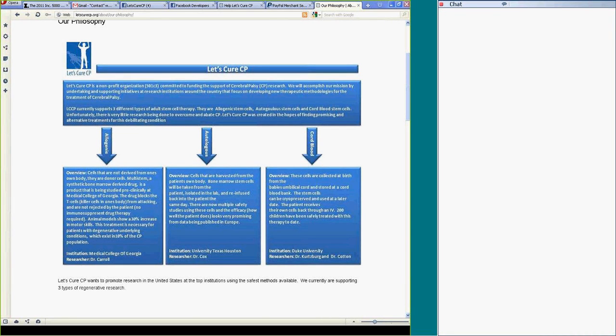We're waiting for our presenter Cliff's presentation to get loaded onto his computer right now. We're having a little bit of technical problems. And guys, apologies. Allogeneic cells, autologous cells, and cord blood cells can be used to help improve our children with cerebral palsy. If anybody else has a question, if you can raise your hand, I can unmute you.